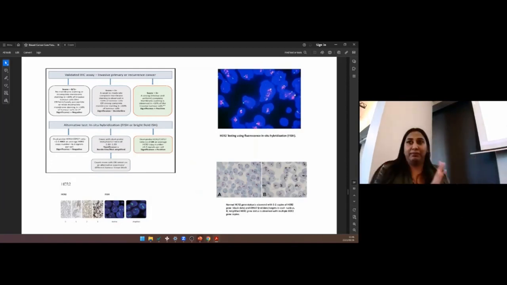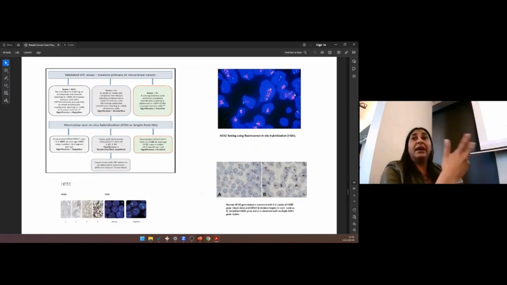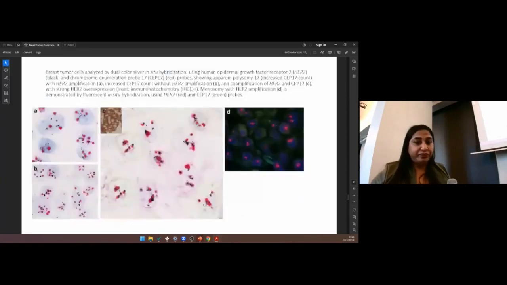It's a bit technical, but I just wanted to highlight that there are other ancillary tests that can be used to determine HER2/neu amplification. Some very nice pictures there as well.